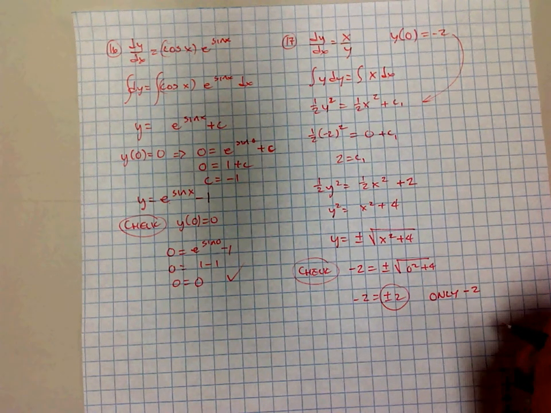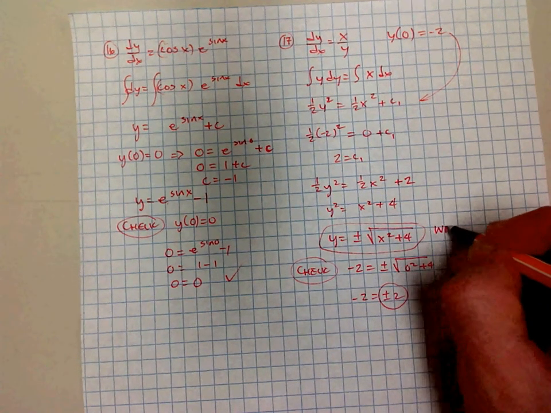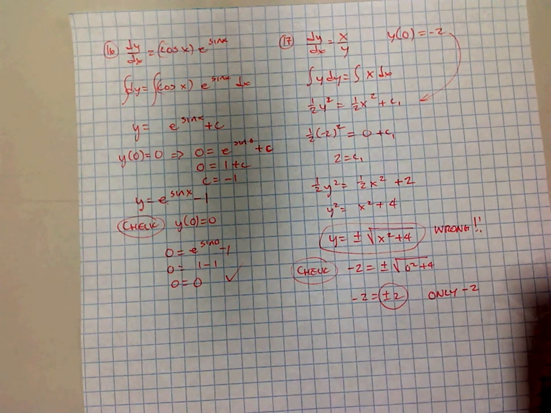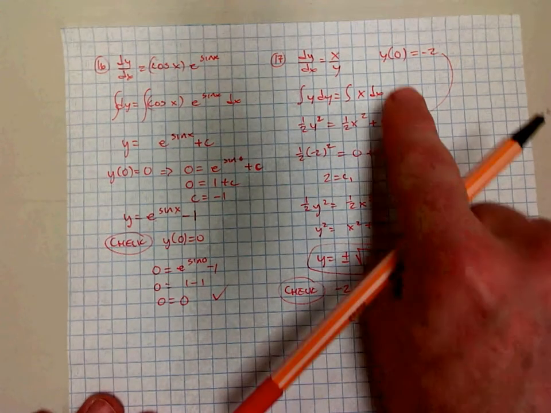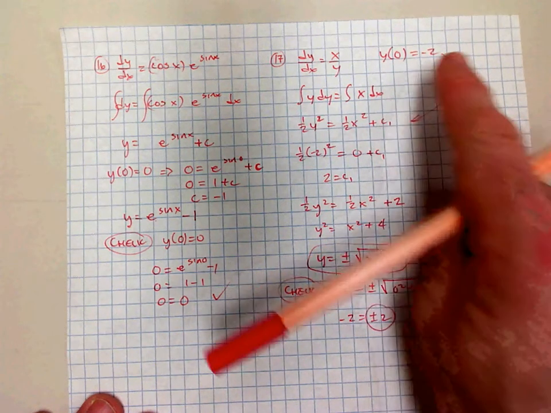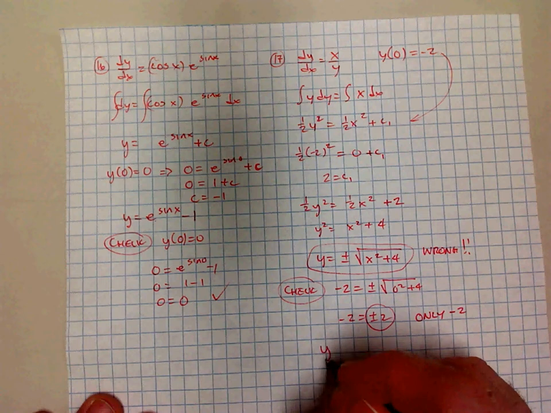So if we leave our answer like this, our answer will be wrong. Because based upon our initial condition, when x is 0, we should get negative 2. So the only solution to this one is going to be y equals the opposite of the square root of x squared plus 4.